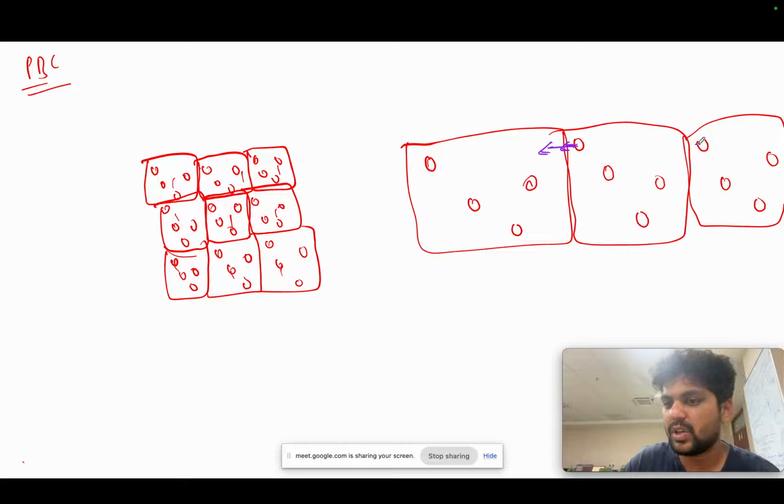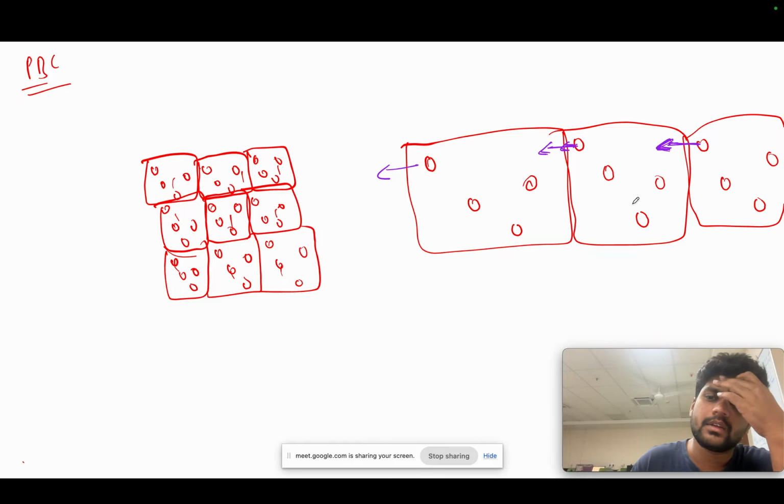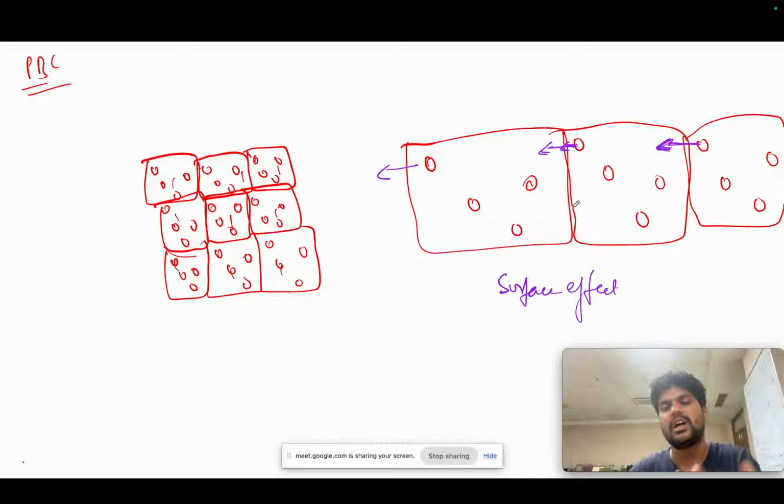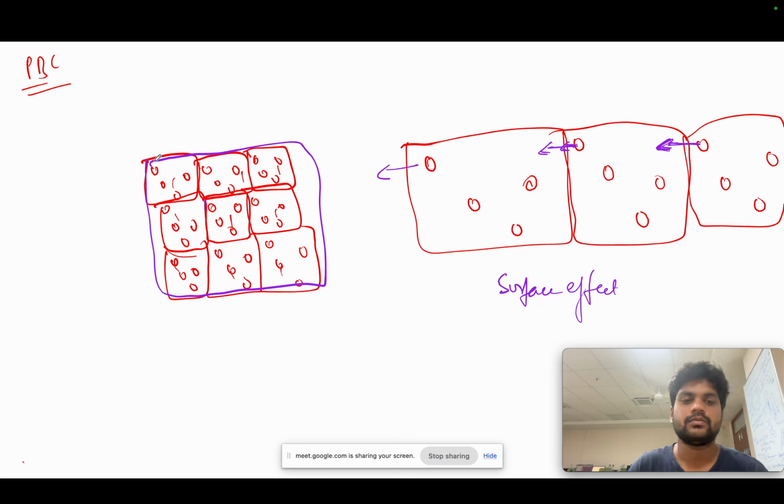At the same time, this molecule will come and sit here. If this molecule goes there, this one also goes here. You got my point, right? So the molecules will never have the surface effect here. It is just passing through, you can't even call it a membrane. Instead of the small box, it now becomes the whole box of one microstate. You understand the basic concept of PBC?